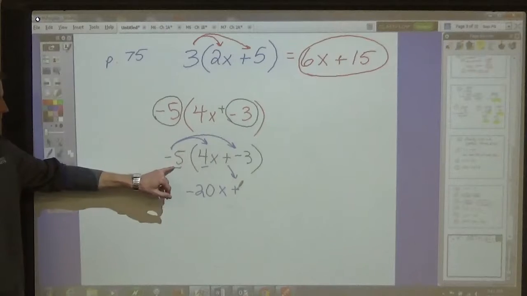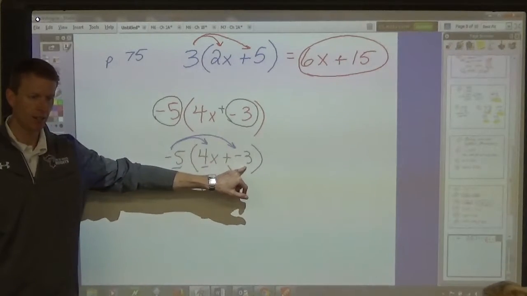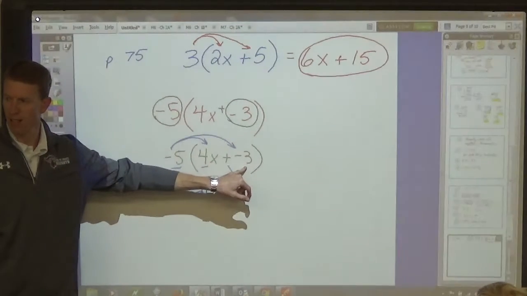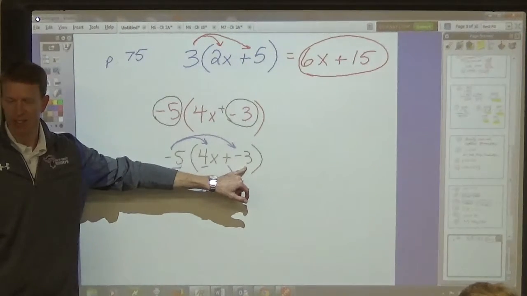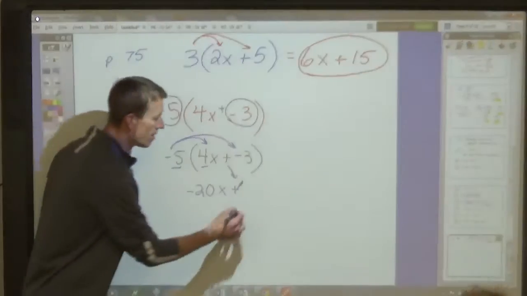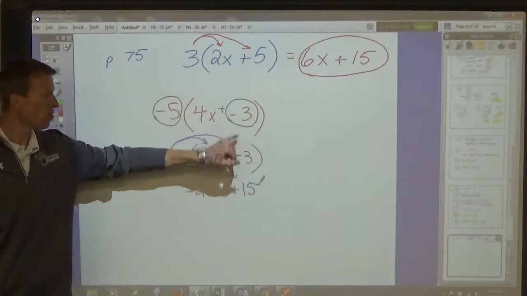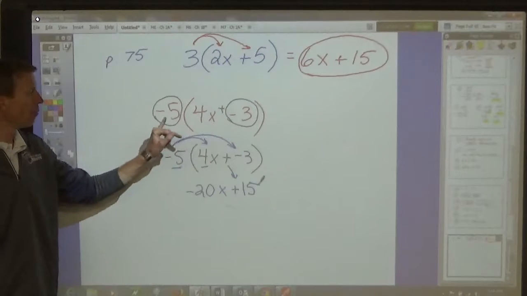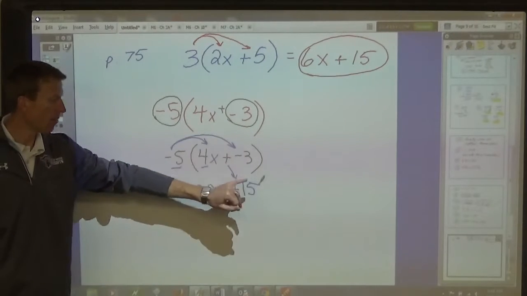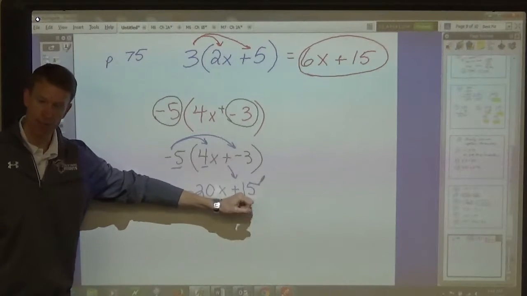and is -5 times -3 negative or positive? It's positive 15, isn't it? That's why we have to change this to negative, because when we multiply it by a negative, the actual answer is a positive.